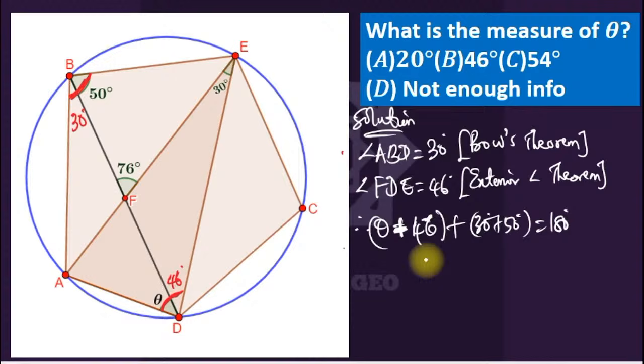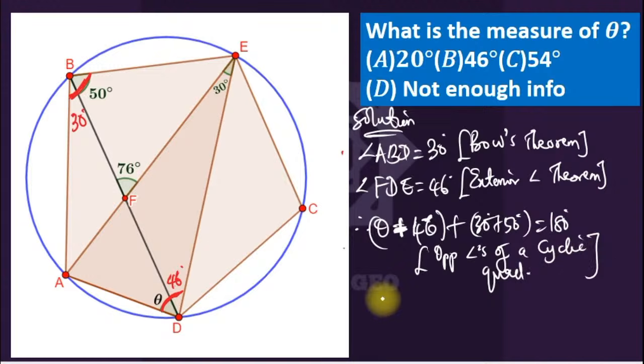Why? Opposite angles of a cyclic quadrilateral are supplementary. They sum to 180. Therefore, this is 80, 100. So theta will be 100 minus 46, which is 54.